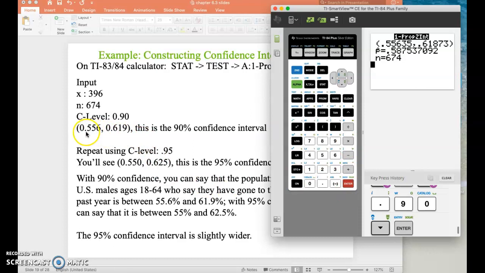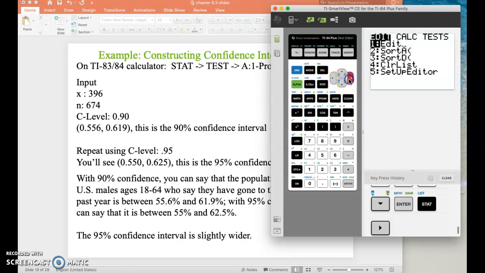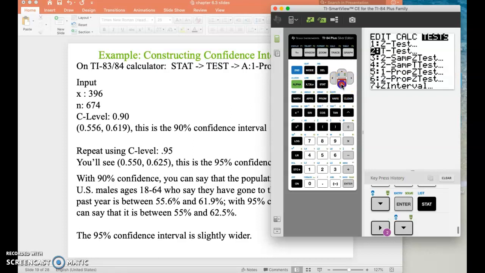I'm going to arrow down to calculate and press enter. I get a confidence interval of 0.556 to 0.619. So I'm just rounding to the third decimal place here. This is the 90% confidence interval. I'm going to do the same thing in order to find the 95% confidence interval.